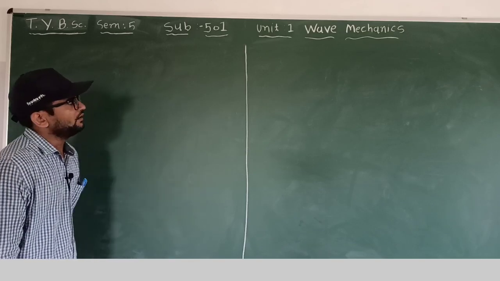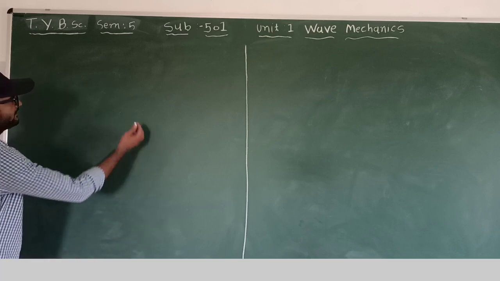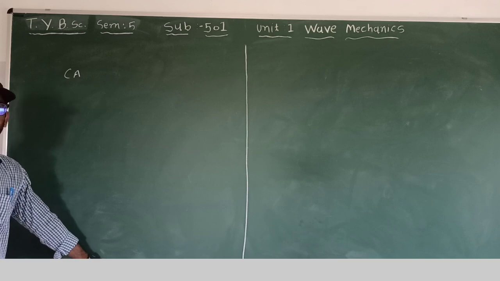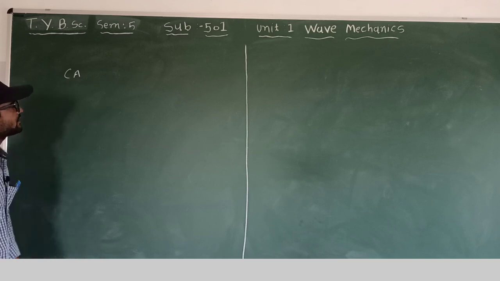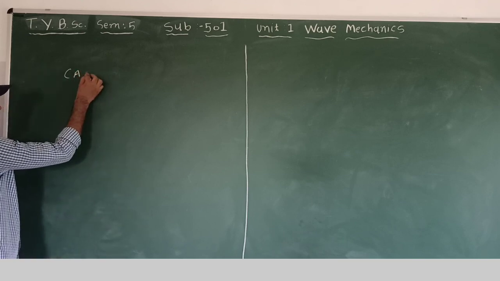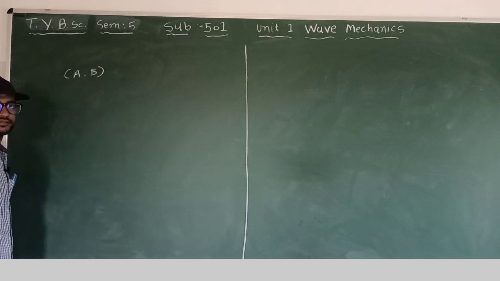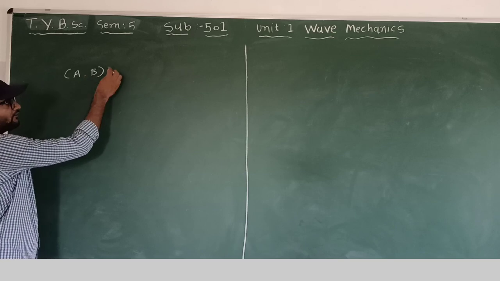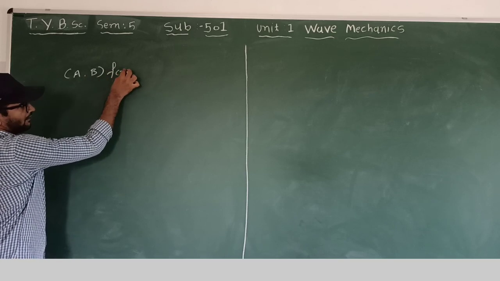Okay. So now, what is the basic difference between multiplication operator and commutator operator? Suppose you have two operators, first A and second one B. Both operators are operated on function f(x).